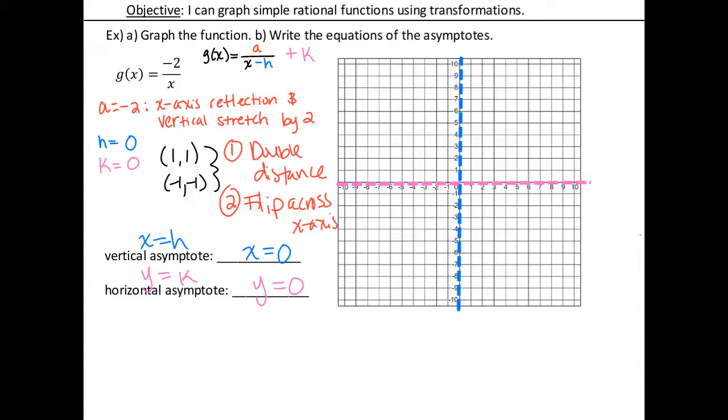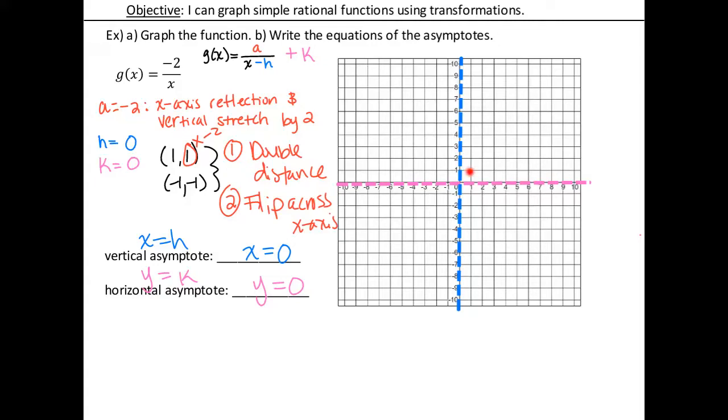The other way you can do it is just take your y value and multiply by a. So if you take this y value, multiply by -2, that does both things together, so you don't have to think about what to do to the graph.